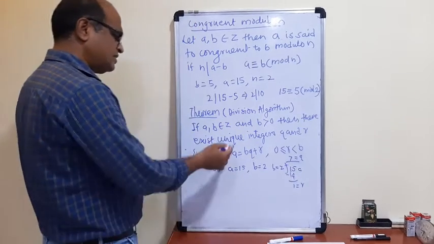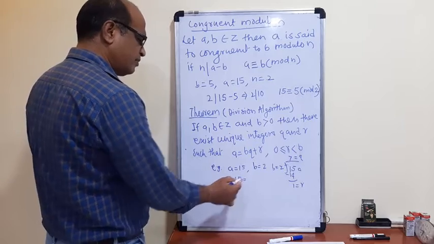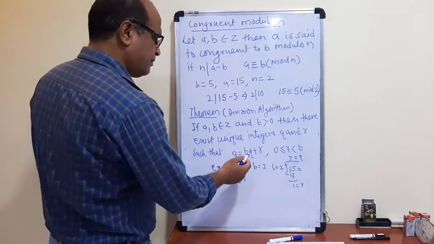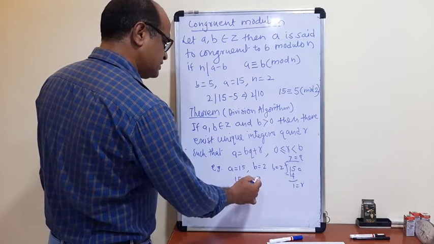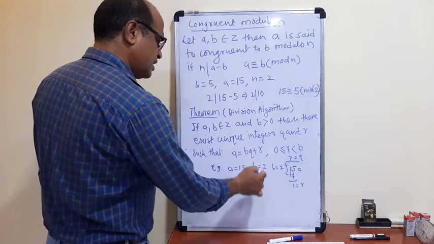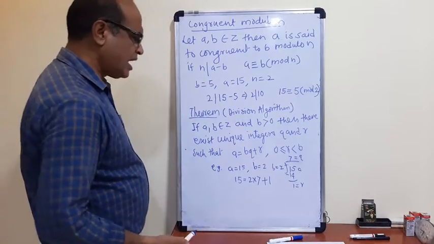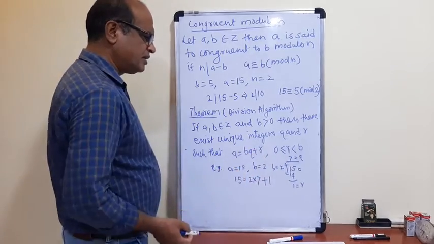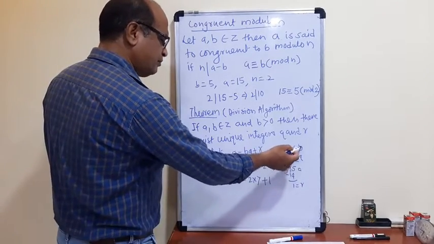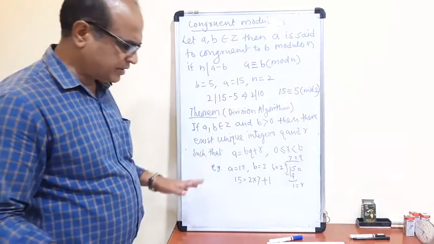So 15 can be written as 2 times 7 plus r, where r is the remainder. r is greater than or equal to 0 and r is less than b, which is 2. So this is the division algorithm.